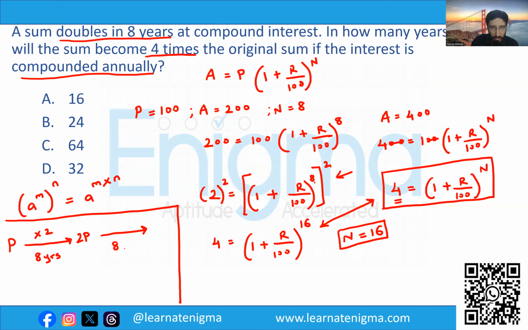After 8 more years, it will again become double. So it will become 4P. That's what we want. We want 4 times. So the total time for becoming 4 times is 8 years plus 8 years. That is 16 years. So our answer is option A.